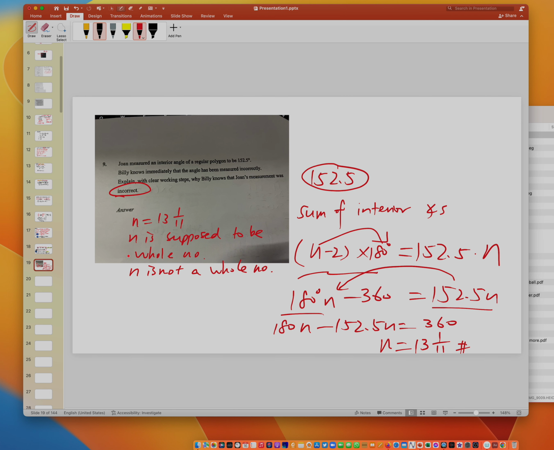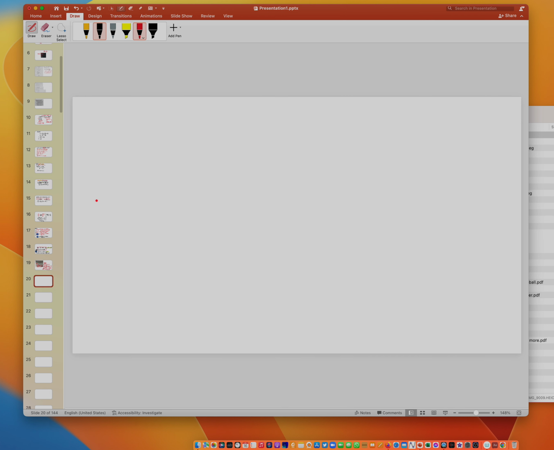So once again, how many ways are there to find the sum of interior angles? Two of them, right? One of them is (n minus 2) times 180. The other one is n times one of the angles.